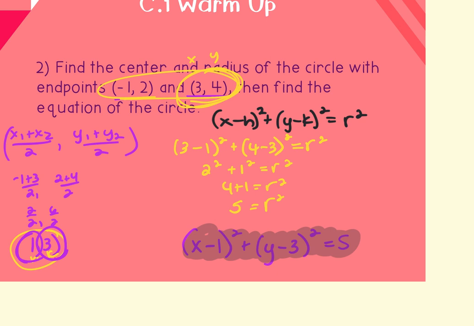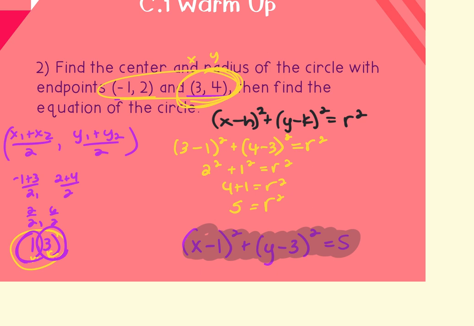Now on the quiz, you're going to get one that's similar to that. You're going to get one that gives you the equation, and you're going to have to find the center and the radius, and then you're also going to have to graph it. So if I was to graph the square root of 5, I would approximate that to be what? A little bit bigger than 2, right? Because square root 4 would be 2.